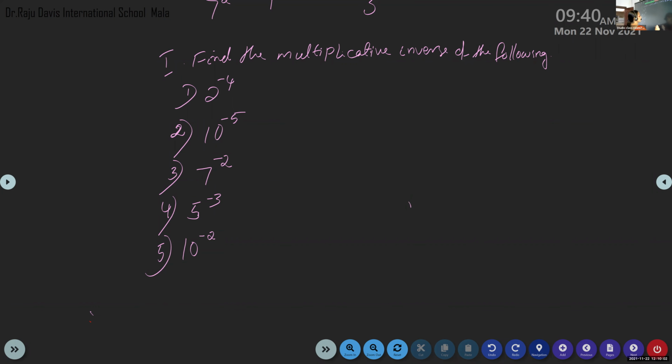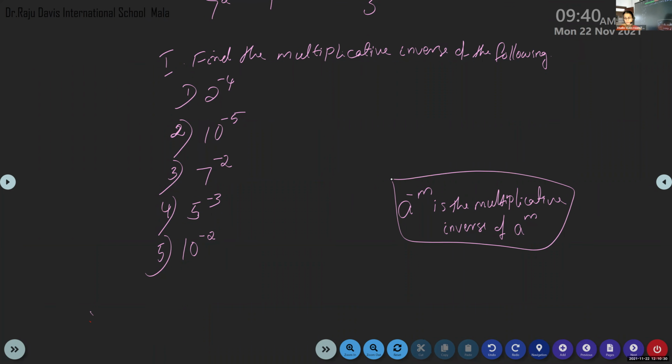A raised to minus m is the multiplicative inverse of what? The multiplicative inverse of a raised to m. A raised to minus m is the multiplicative inverse of a raised to m. Okay, this we have already written.